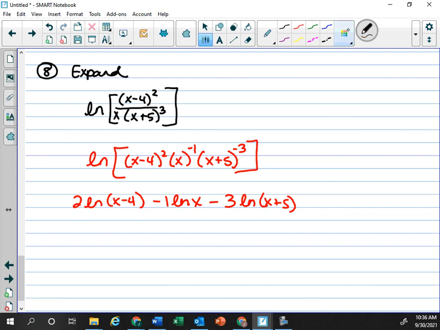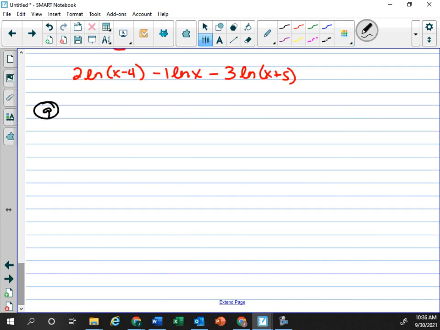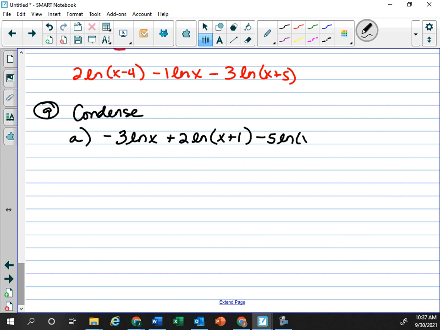So we are going to go the other way, starting with something like this, and you need to condense it. We'll do a couple of these. Let's do -3 natural log of x plus 2 natural log of x plus 1 minus 5 natural log of x minus 2 plus natural log of x plus 3.